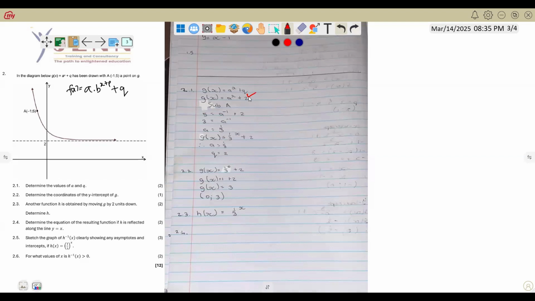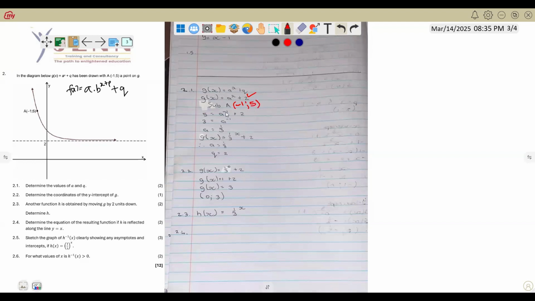Then we now want to find the value of a. We are going to substitute the coordinates of A, which you are given already: -1, 5.